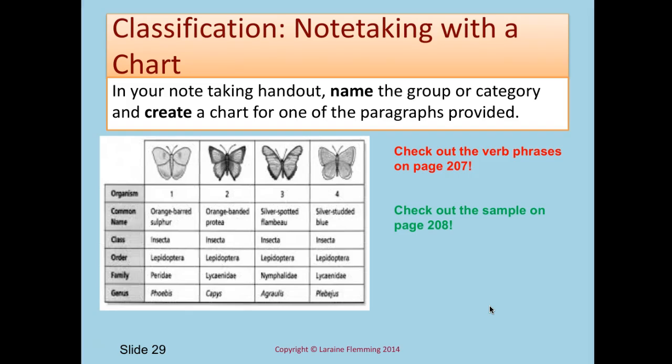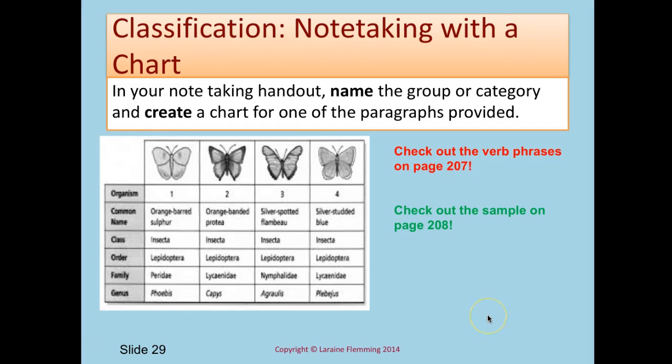And then on page 208, there's a different type of chart that you can develop to take notes as well. Again, you're not taking longhand notes, but by using a note-taking strategy that causes you to change the format in which the information is displayed, you're really helping yourself out, because that will help to commit this information to your memory.